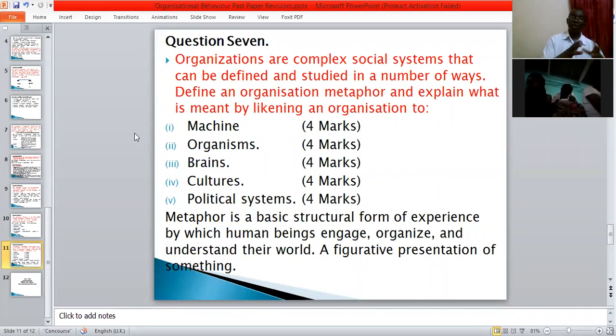Then you look at the political system. That is another aspect that you can look at an organization: you bring people together with an objective. They are people who come together with a common goal. So that's how you can use these 5 metaphors to refer to an organization.